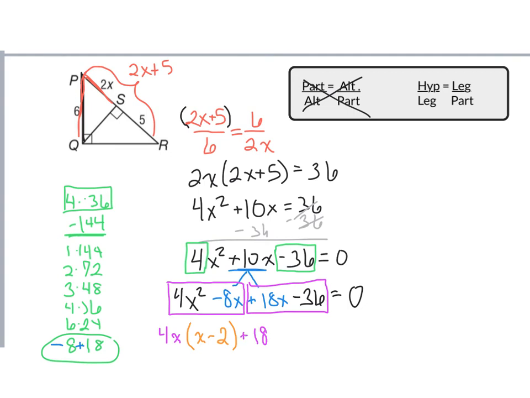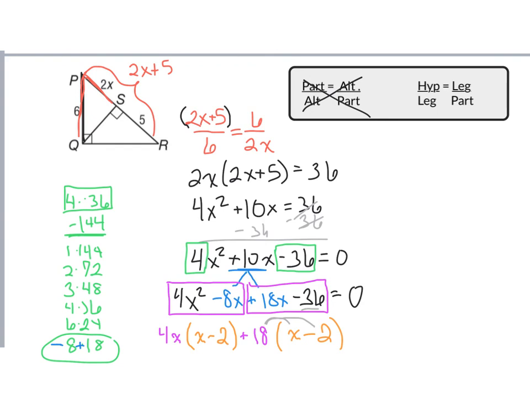So I'm going to take out a positive 18. 18 over 18 cancels out and leaves me with just x, so 18 times x gives me my 18x. If I take an 18 out of the negative 36, that leaves me with a negative 2, so 18 times negative 2 gives me my negative 36.